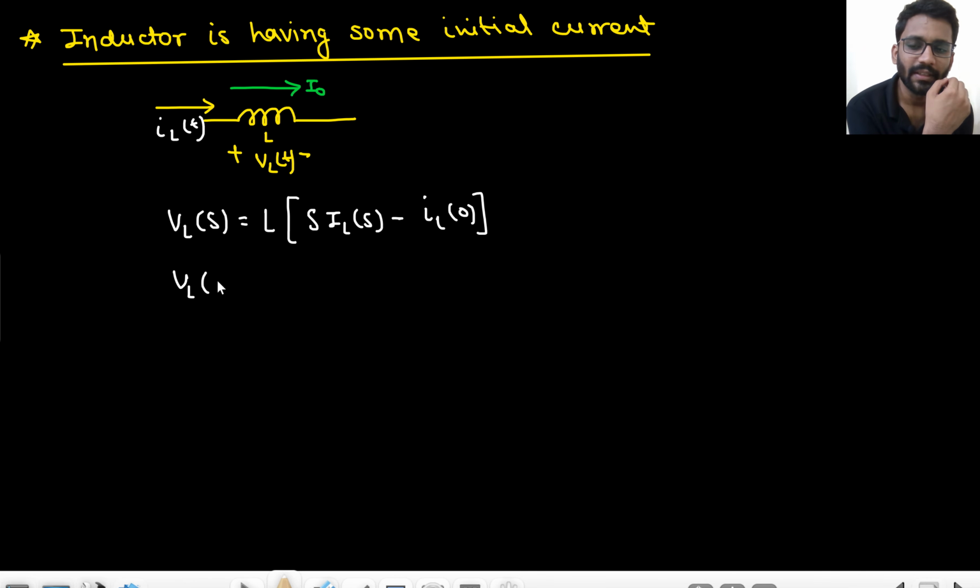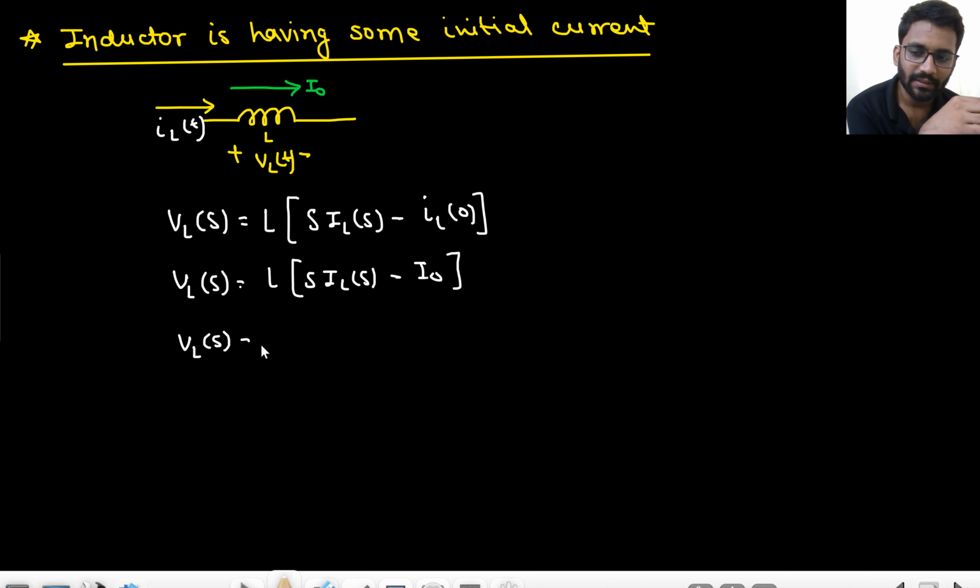So VL of S is L S I of S minus, what is the value? That is I naught, it is having initial current I naught. So VL of S is L S IL of S minus L i naught, right? So this is the first expression we get.